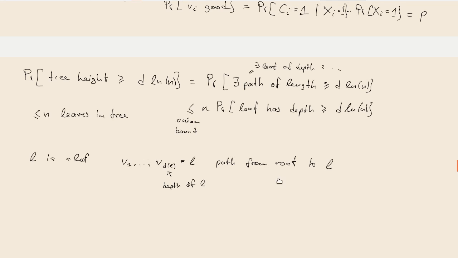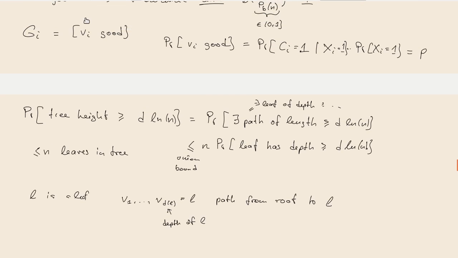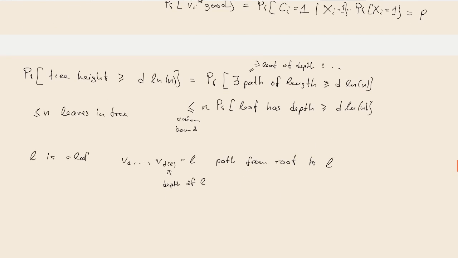That means we have, by this definition up here, such a sequence of events, of indicator random variables. And these are actually independent and identically distributed with a Bernoulli distribution, so they are 1 with probability p and 0 otherwise.